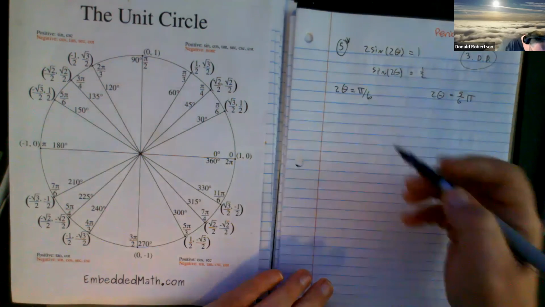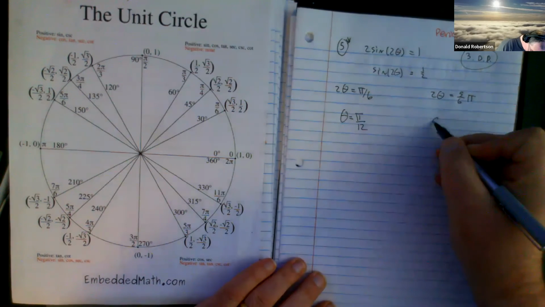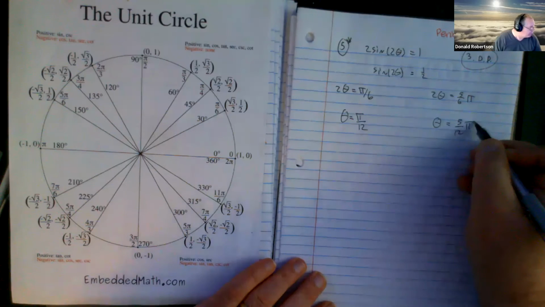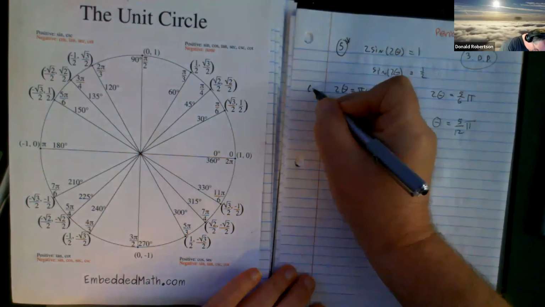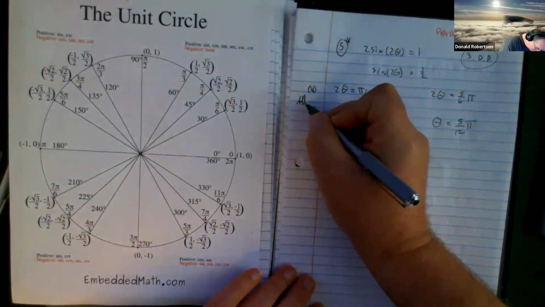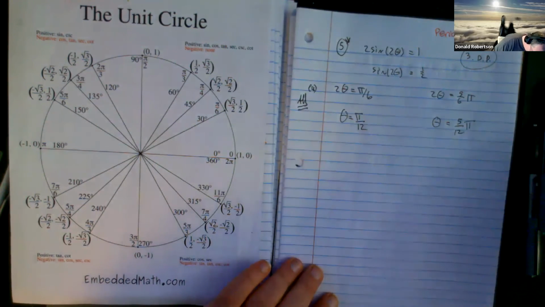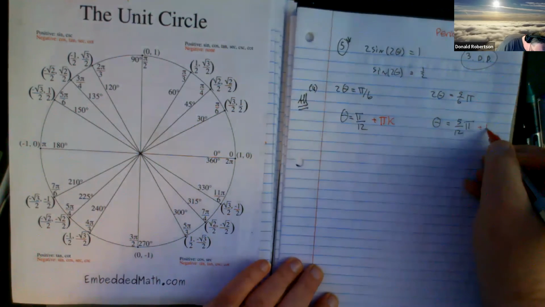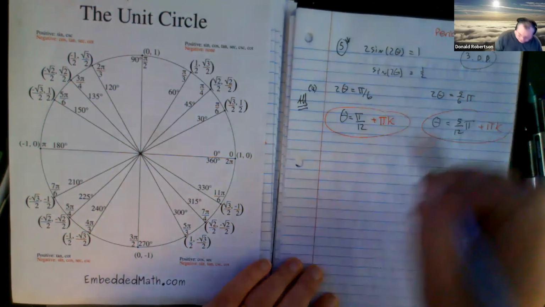Now, divide by 2, and you get pi upon 12. Divide by 2, and you get 5/12 pi. So far, so good. Now, in question A, they want all the solutions. And that's their way of saying plus the period k. And that is the end of that question.